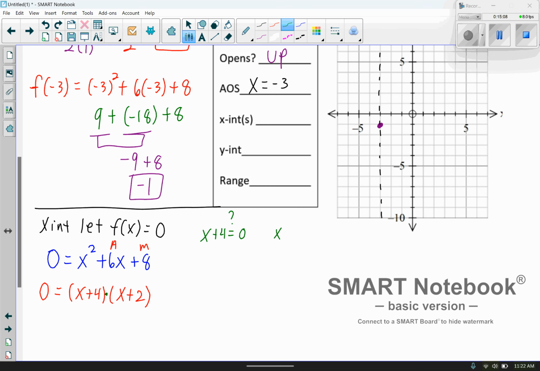And then same thing with x plus 2. And so we're going to get -4 as one of my x-intercepts and -2 as my other x-intercept. So at -4, which is right here, and -2, which is right here. And then I'll list those as ordered pairs right here.